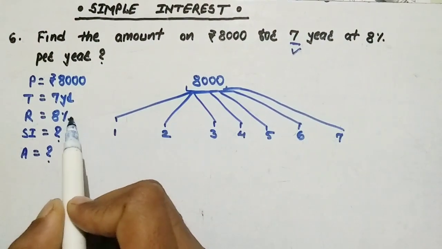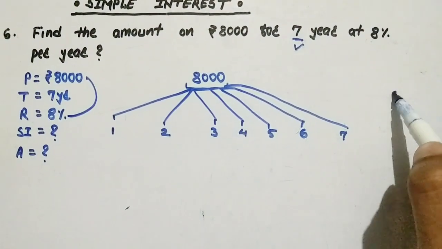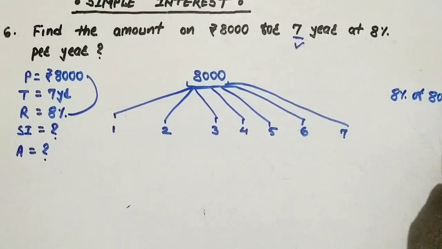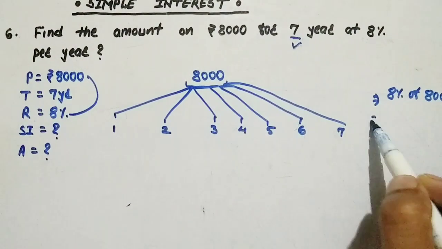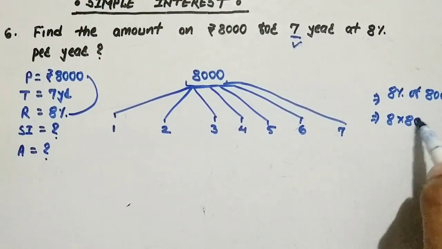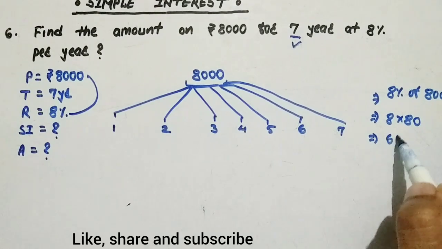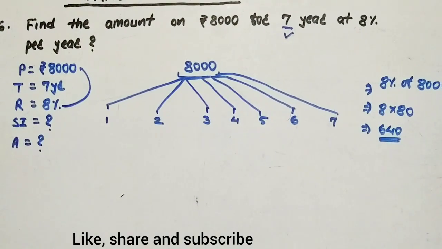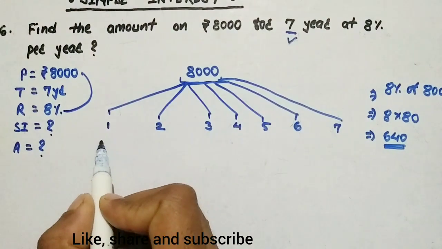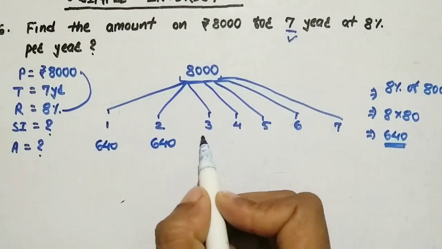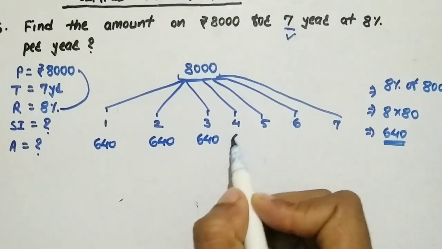So 8% of 8,000, what is the simple interest? The percent cancels, 8 8s are 64, so 640 simple interest for the first year. So here 640, similarly 640.